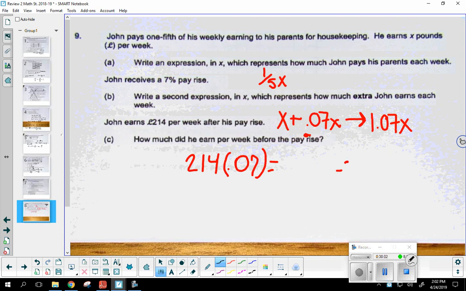I'll just write down what I got. I got 200. Maybe I put it wrong in my calculator.